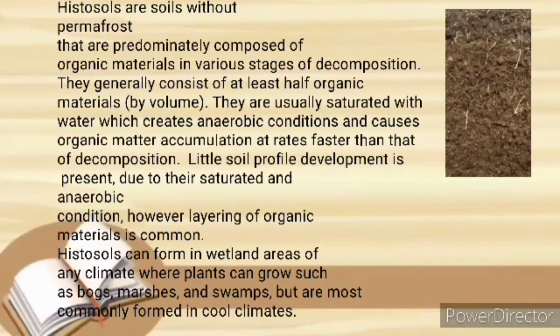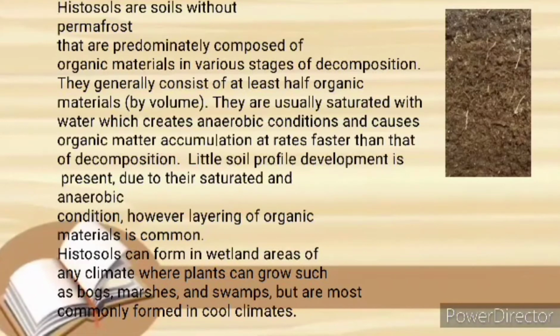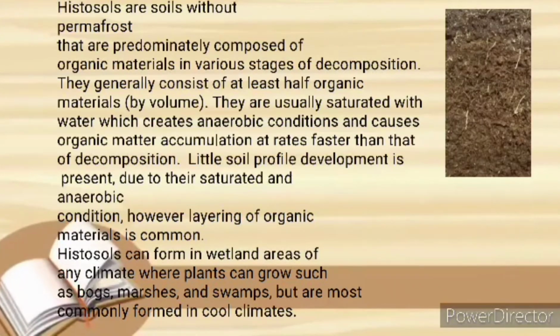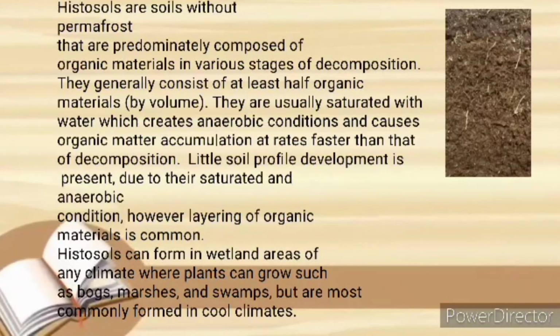They are usually saturated with water, which creates anaerobic conditions and causes organic matter to accumulate at rates faster than that of decomposition. Little soil profile development is present due to their saturated and anaerobic condition. However, layering of organic materials is common.